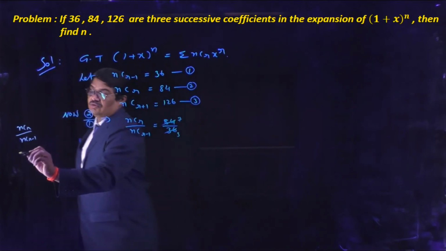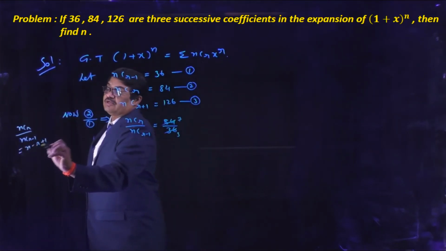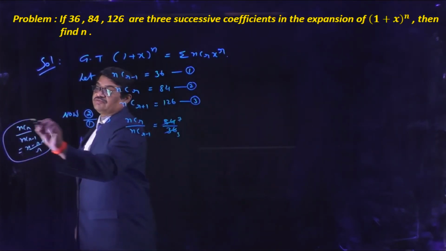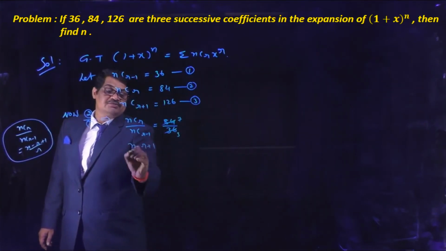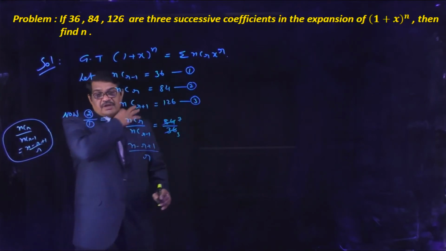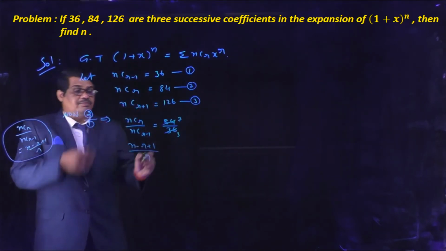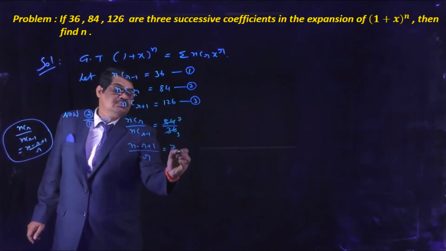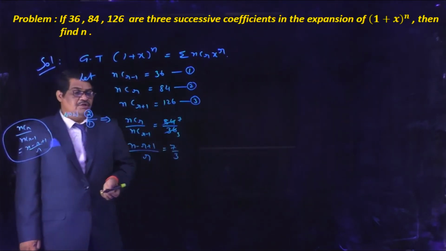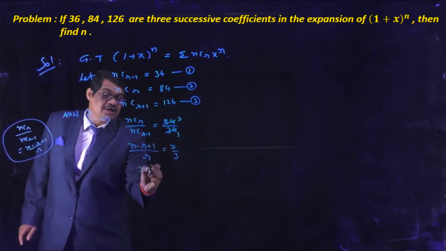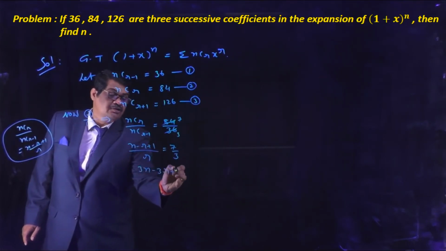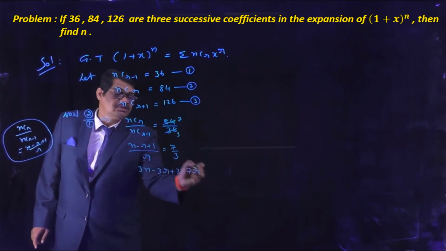Now nCr by nC(r minus 1) is equal to (n minus r plus 1) by r. We are using this formula here. So (n minus r plus 1) by r is equal to 7 by 3. Now cross multiplying, 3n minus 3r plus 3 is equal to 7r.